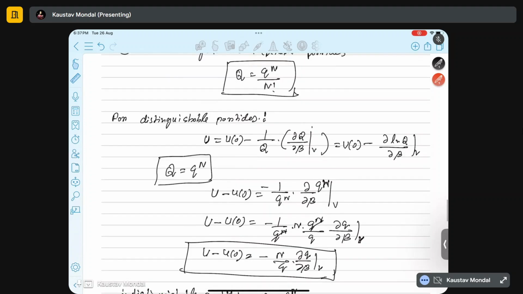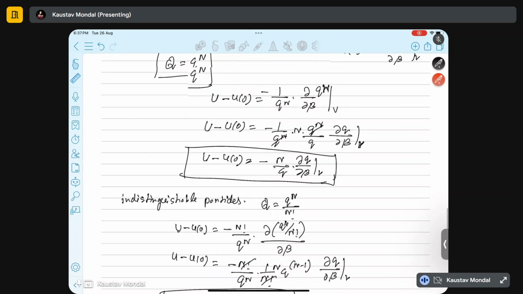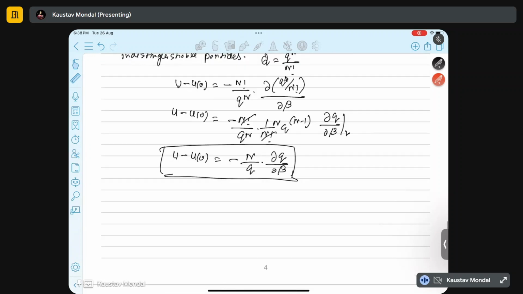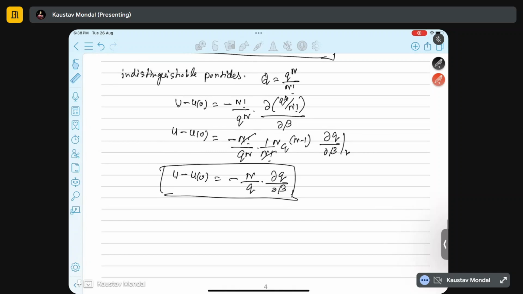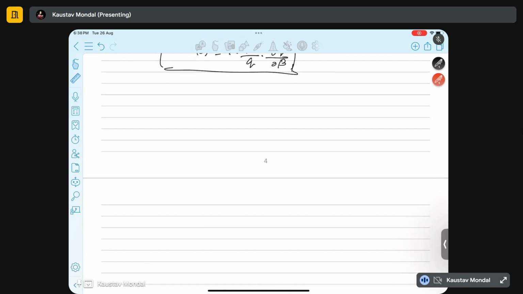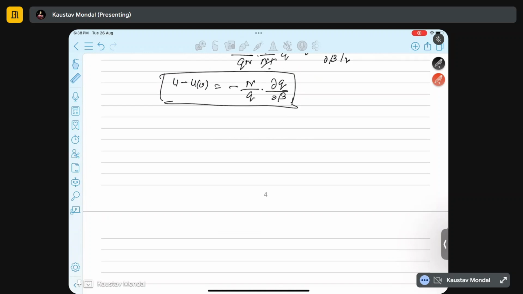Now the next thing that we'll calculate, for the indistinguishable particles, is the entropy of the system. We will also calculate the entropy of an ideal monoatomic gas.